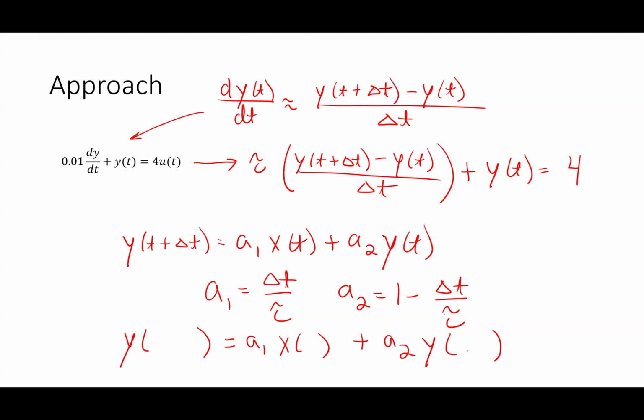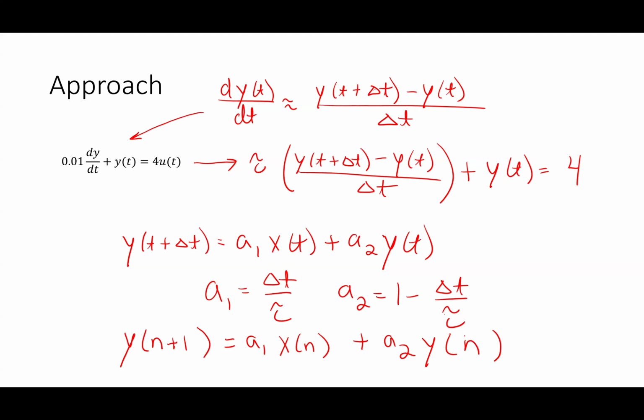Negative n delta t over, well, I'm not sure what you're... So in terms of the indices in the array, you would say the next value is related to the value now and the value now.